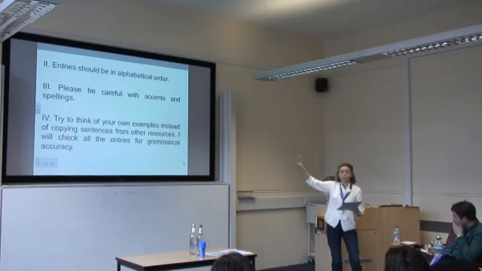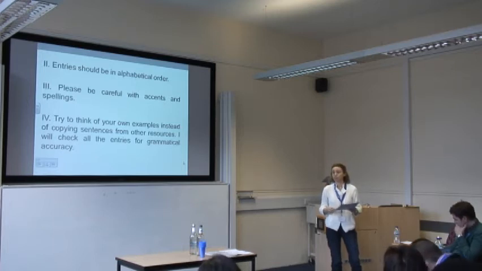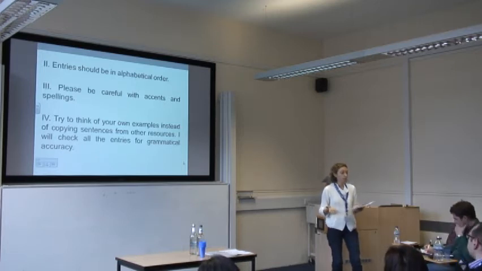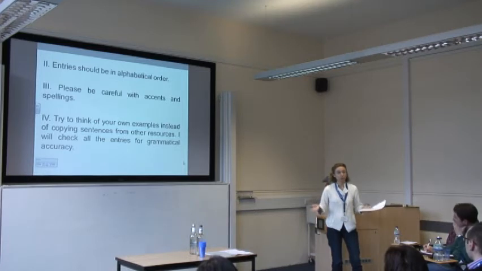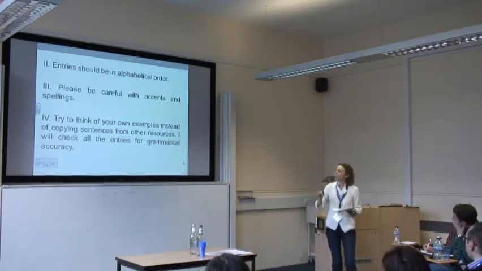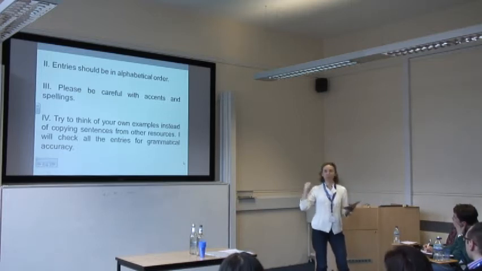They follow the format of the sample entry that I provided, and then every week I check all the entries for accuracy, and this is very important because they always use the wikis before assignments to revise the vocabulary. So we have to make sure that the examples are right, the spelling is right, accents, etc. And also for gaps, because they know that somebody else can come after them and complete the entry.